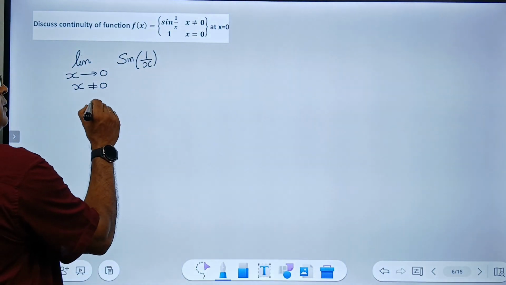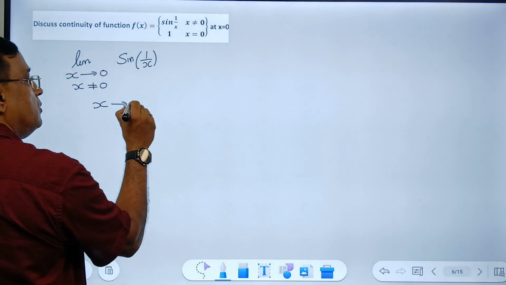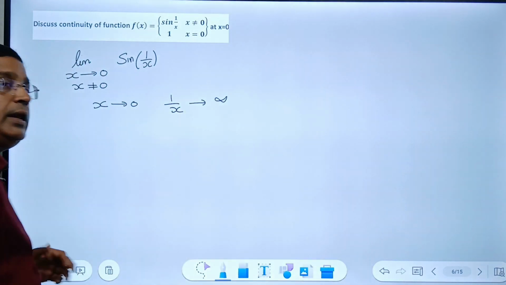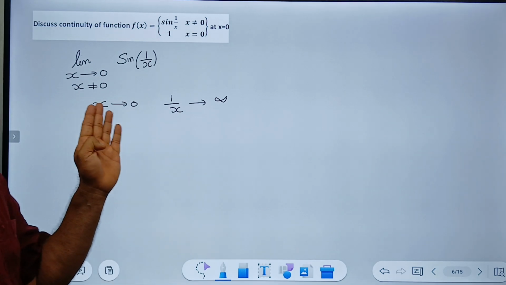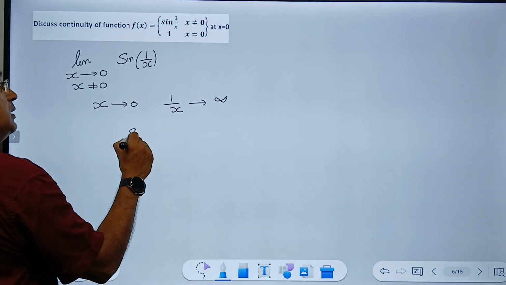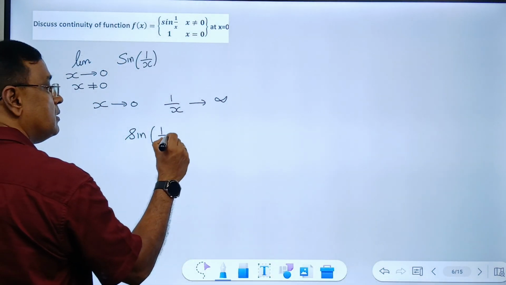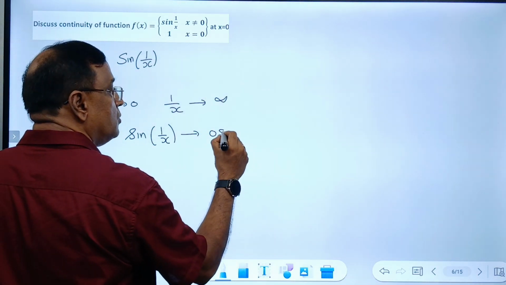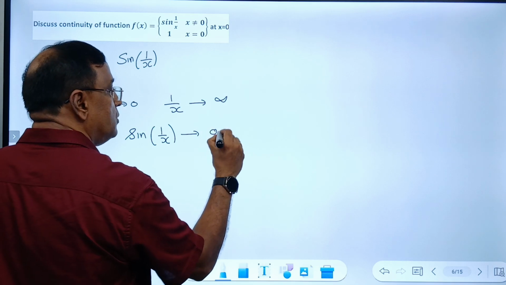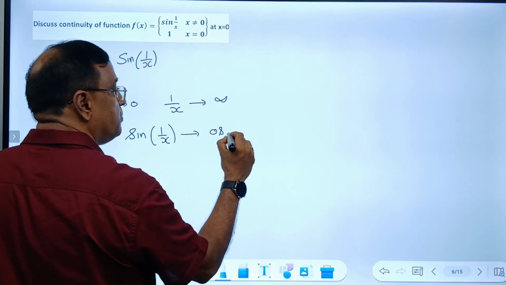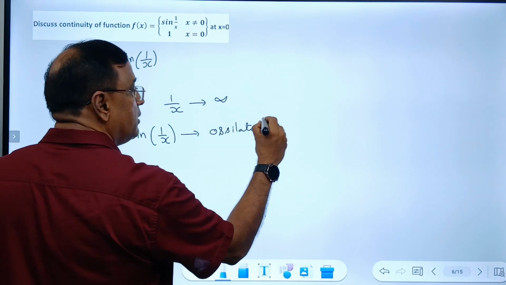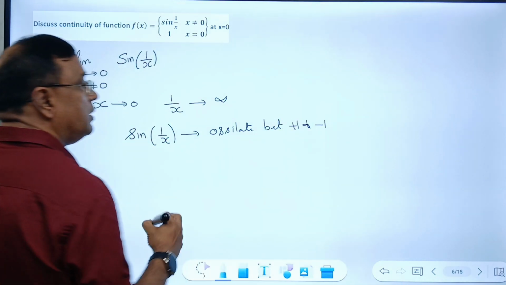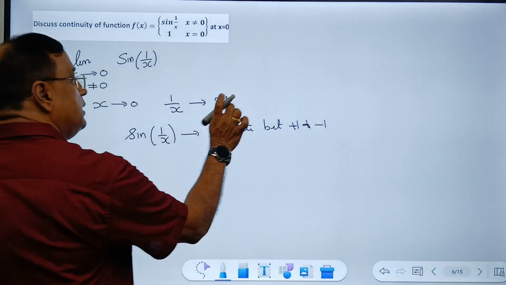Clearly, when x goes to 0, 1 by x goes to infinity. But sine of 1 by x will oscillate between +1 and -1.